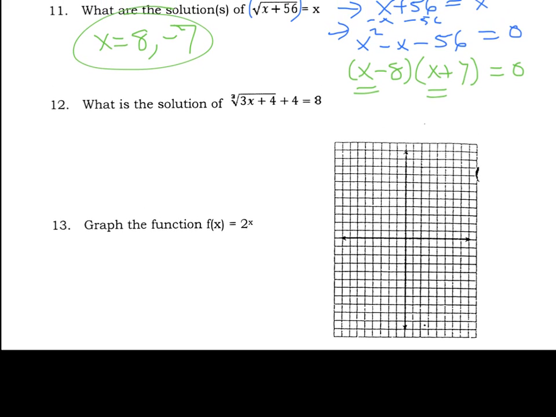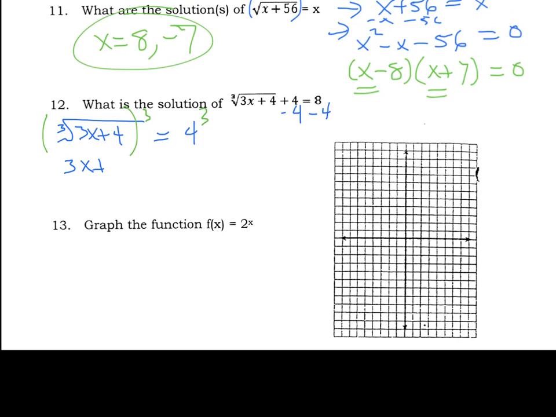Okay. Next one, the square root, or in this case the cubed root, is not by itself. So my first move is going to be to minus 4, so that the cubed root of 3x plus 4 equals 4. Now I am going to cube both sides. So the cube and cubed root will just cancel.